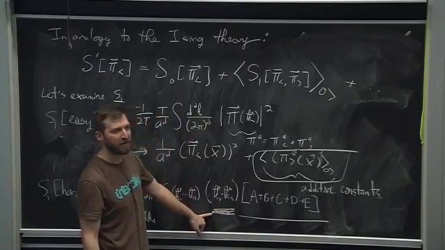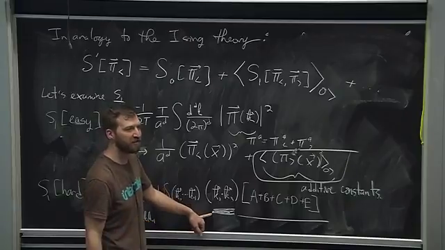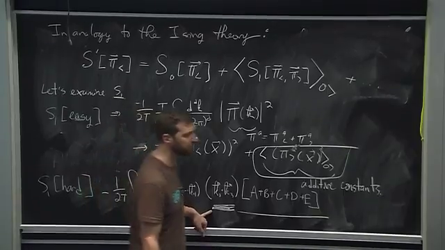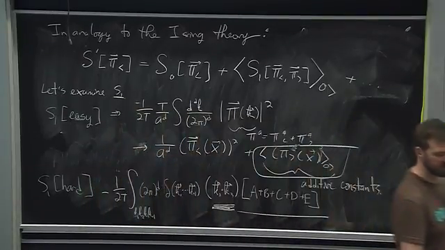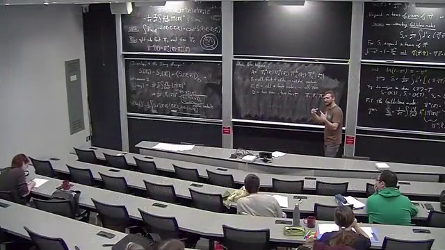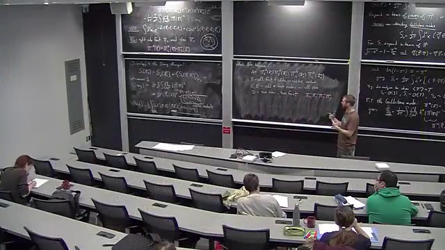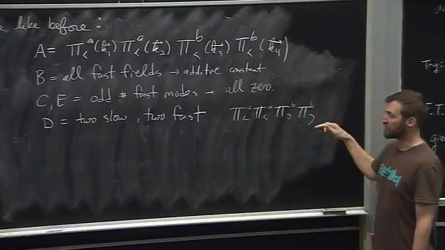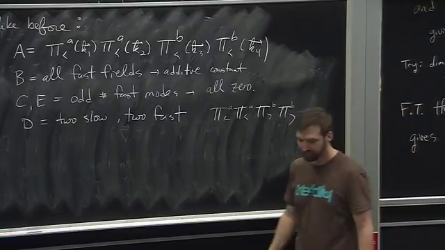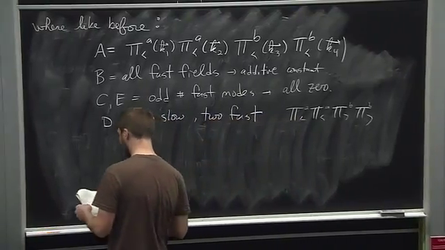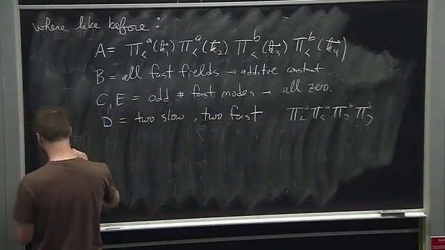Because if these are fast fields, they have to be in the fast integral. And if they're slow, they have to be in the slow integral. So you get all these constraints on which terms matter. There were 6 in the original Ising. So if you look at the diagrams and the constraints from the delta function and the combinatorial pieces, there are actually 6 possible terms. But the only terms that matter are basically 2. So I'm just going to tell you how you do this without doing it.